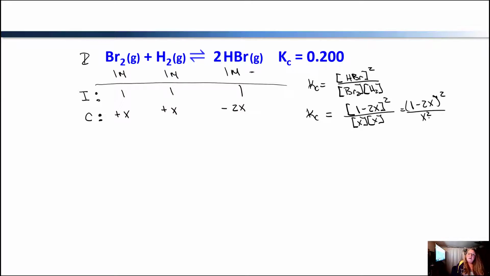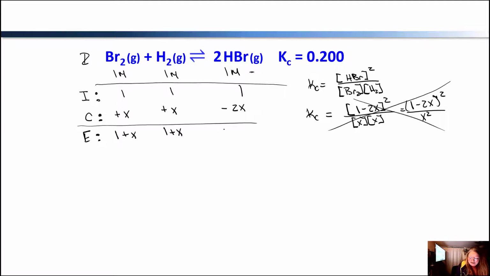And remember, the trick that I showed you before is, oh dear, I'm glad I made that mistake, because you get sucked into forgetting. Bad juju. What did I do wrong here? I skipped a step and then convinced myself that I was starting with 0 when I'm not. This is my equilibrium concentration: 1 plus x and 1 plus x and 1 minus 2x.